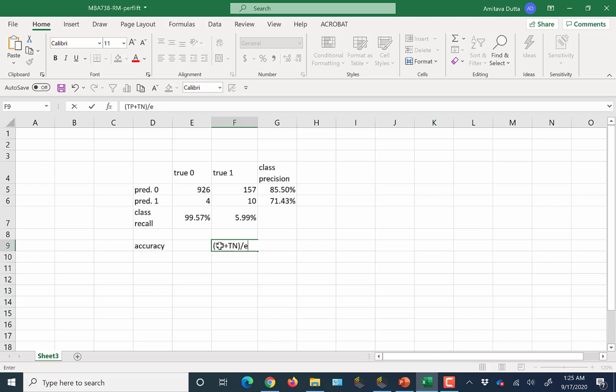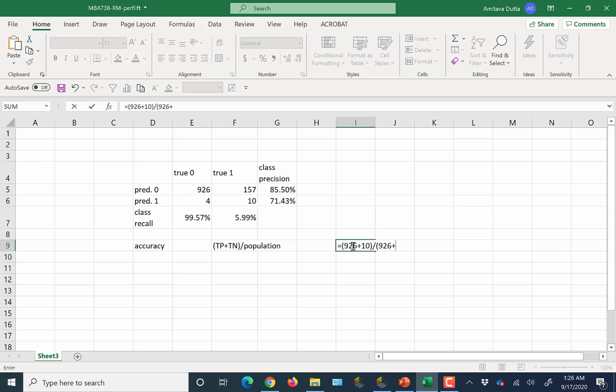Numerically, out of all the true non-CHD patients, 926 were identified correctly. So one component of the numerator will be 926. And then out of all these CHD cases in the second column, 10 were identified correctly. So the other component of the numerator is 10, and of course the denominator is all those numbers added together. That's the population, so to speak, for this validation sample.